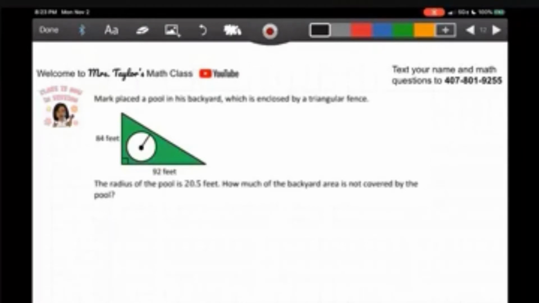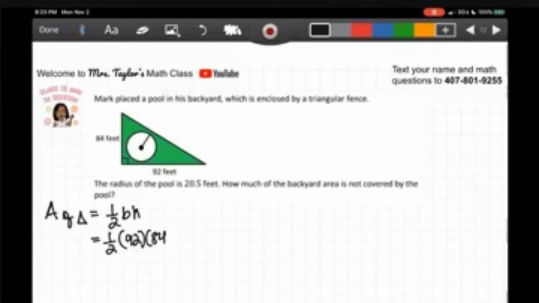by the pool. So the first thing I want to do for this question here is find the area of the triangle. So to find the area of a triangle, and I'll put a shape here, it is going to be 1/2 the base times the height. So this would be 1/2 92 times 84.